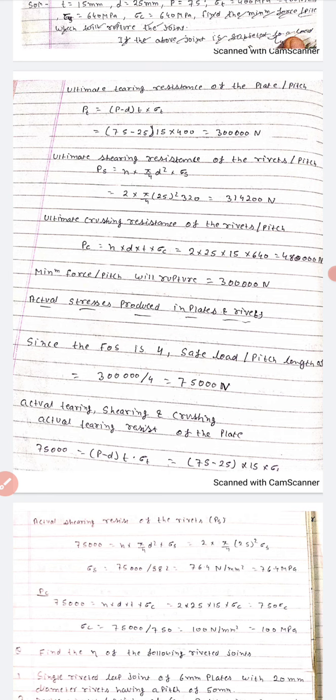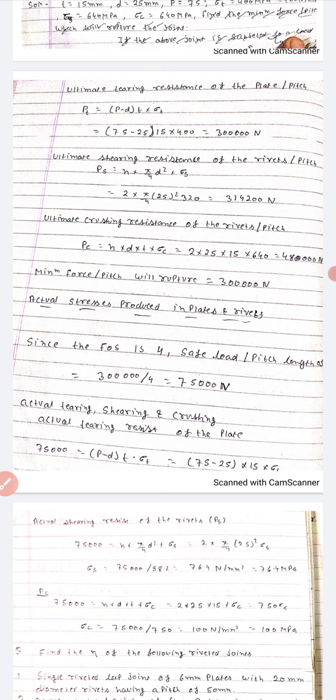And also from the factor of safety point of view, as we discussed, the factor of safety depends upon the loss due to failure of the machine component, the loss of money as well as loss of life also.